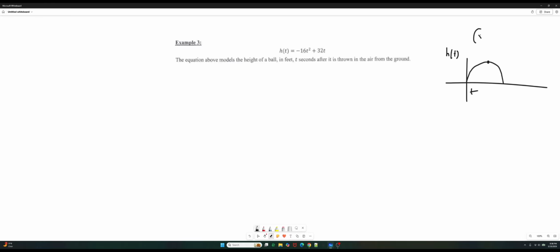If it asks you what is the ball's maximum height or how high did it go, that's the y coordinate of the vertex. If it asks you what time did the ball land, that's the solution, root 0 of the quadratic function. So basically the x-intercept.